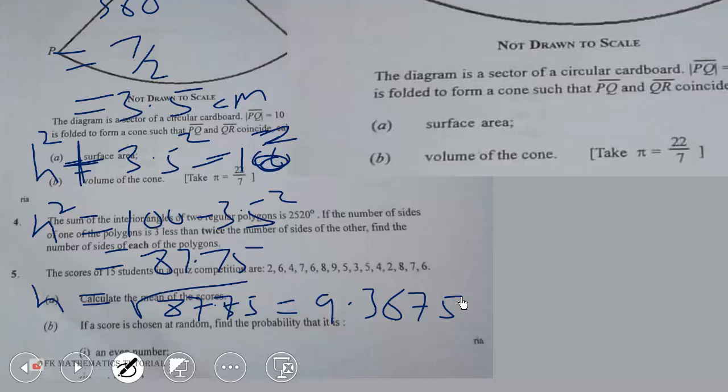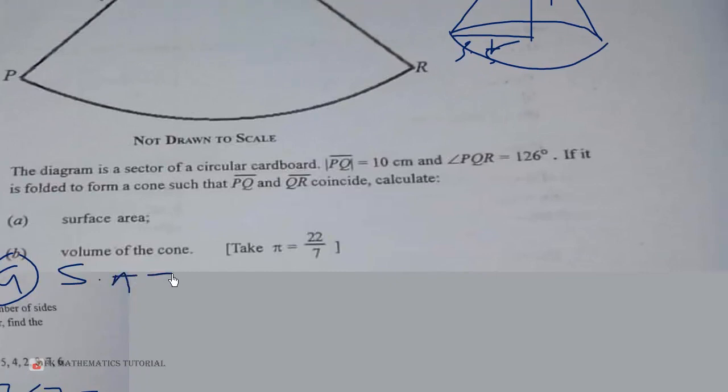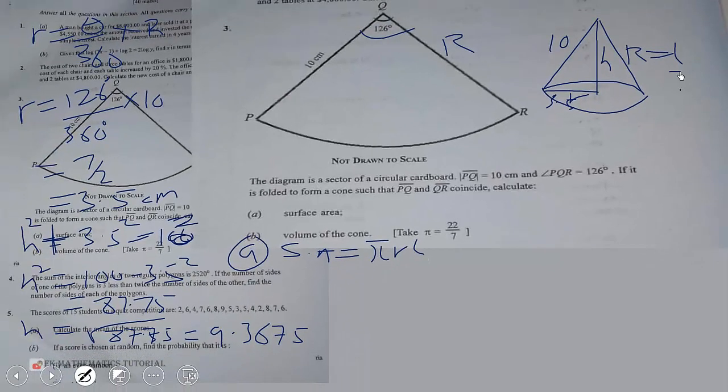Now we are supposed to calculate the surface area of the cone. So the surface area of this cone is given by pi RL. So the L in this case is this.